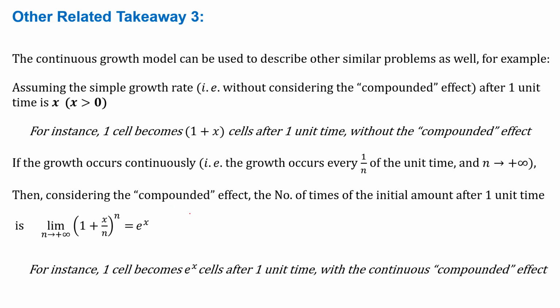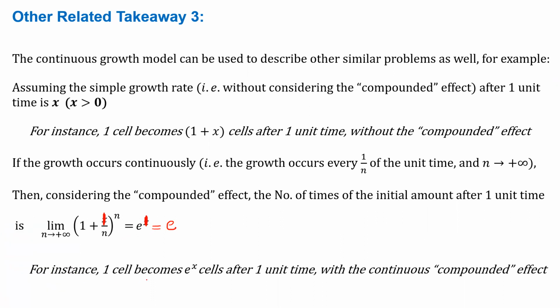Then, considering the compounded effect, the number of times of the initial amount after 1 unit time is given by this limit, which is the limit as n approaches positive infinity of the expression 1 plus x over n to the power of n. And this limit equals e to the power of x. Specifically, if x equals 1, then this limit equals e to the power of 1, which is actually e, right?